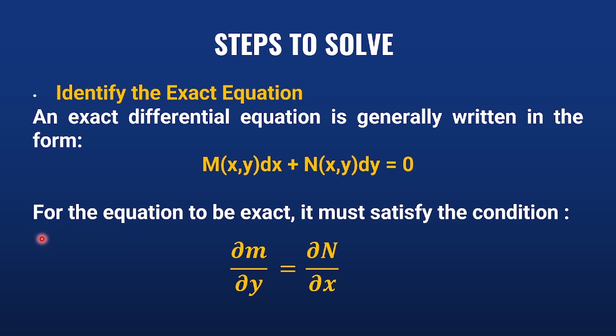You have to understand that for the equation to be exact, it must satisfy the condition that the partial derivative of M with respect to y has to be equal to the partial derivative of N with respect to x.